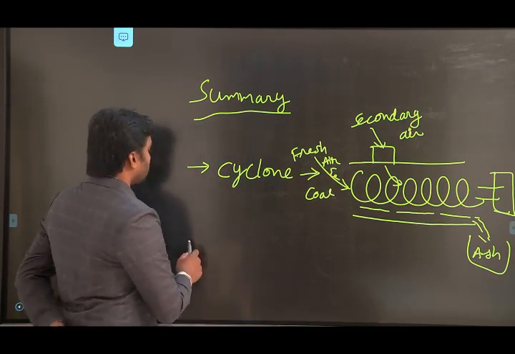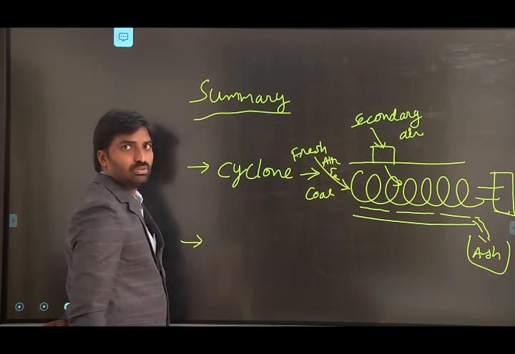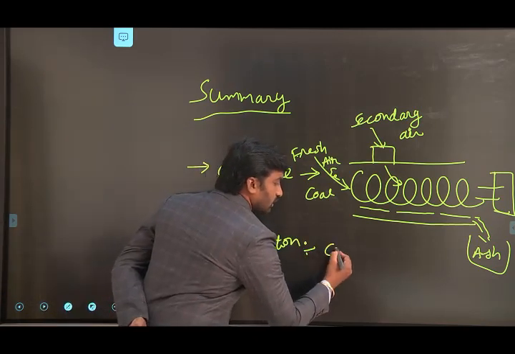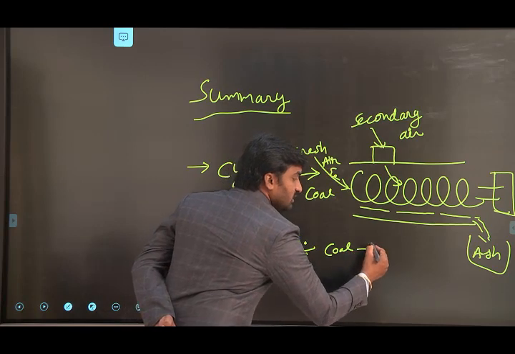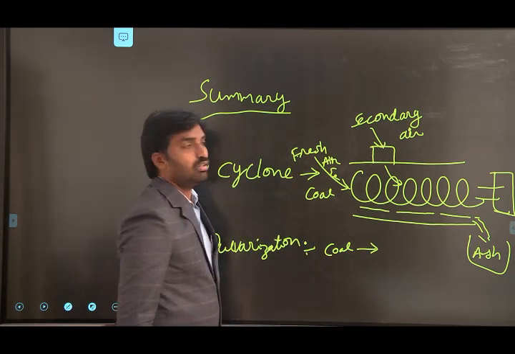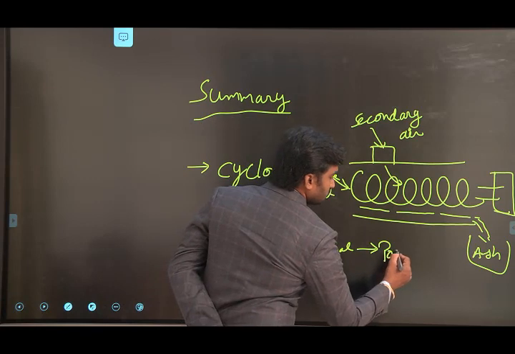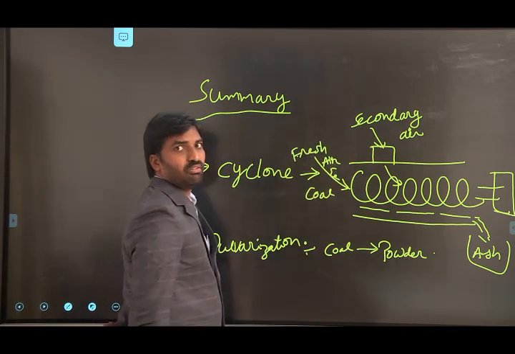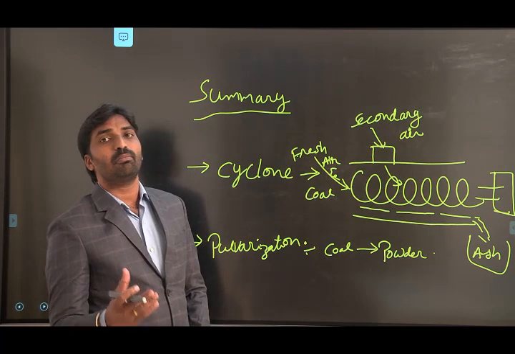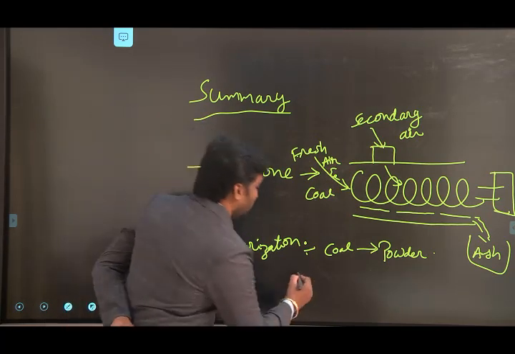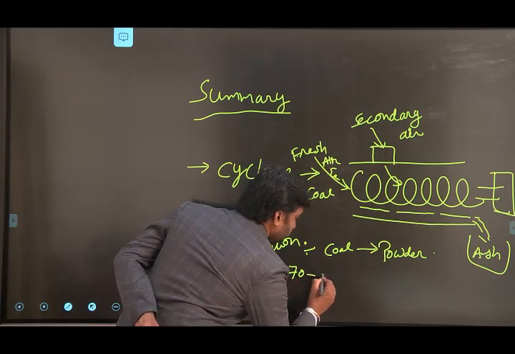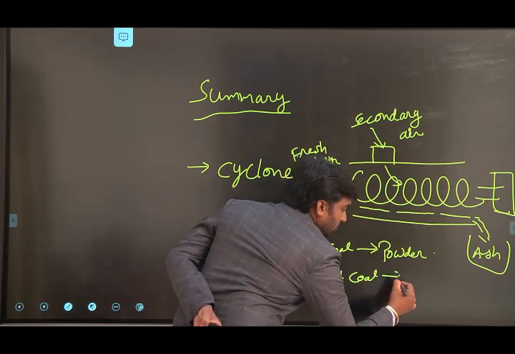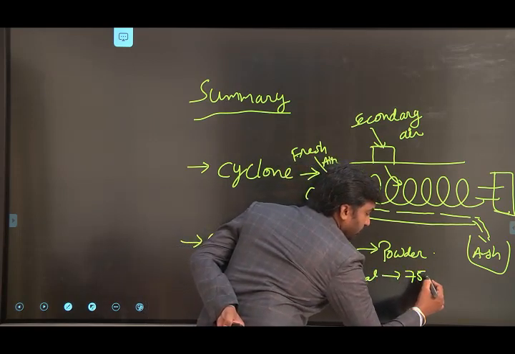Coming to the second point, the pulverization process. What is meant by pulverization? Coal of different diameters is converted into powder form. We get higher combustion efficiency when 70 to 80% of the coal is converted into the size of 75 microns.